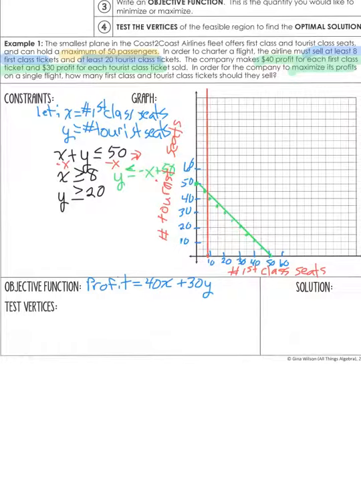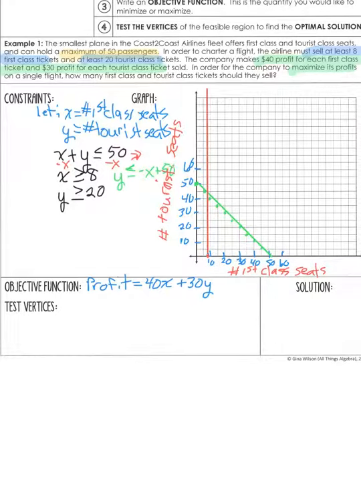So let's talk about the shading before I do the last line. Notice that I didn't shade anything, and there's a reason for that because it's going to get kind of overwhelming. So this equation right here was less than. So here's my line. Less than this line is all of this right here. Now, as you notice, we are in quadrant 1 only. We don't have 4 quadrants. And the reason for that is, think about it. If this is tourist class seats, could I have negative tourist class seats?